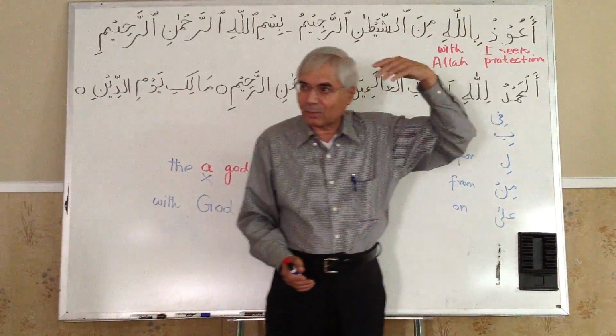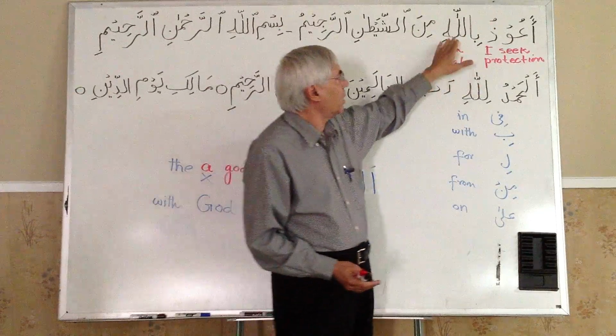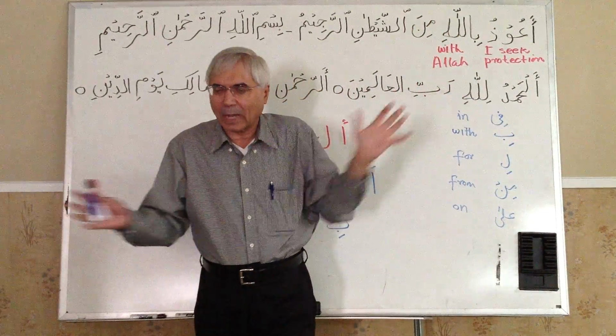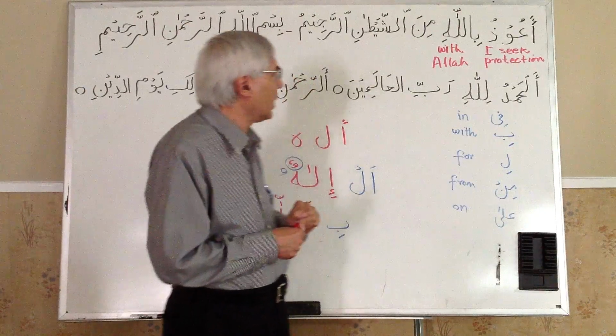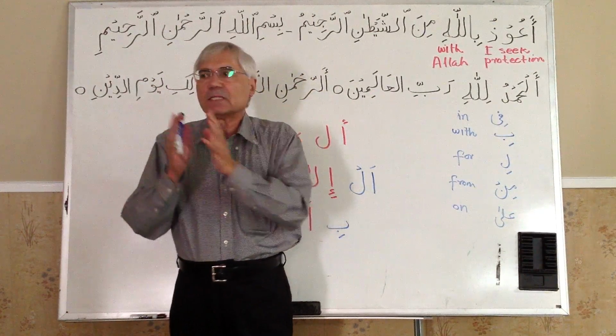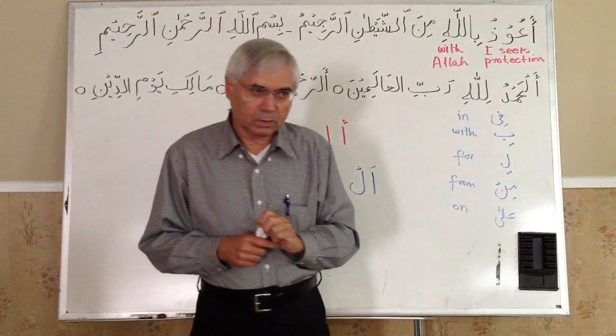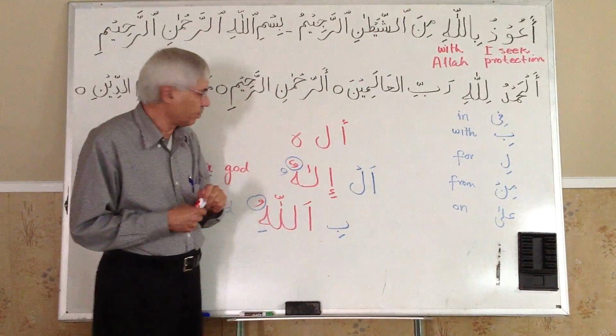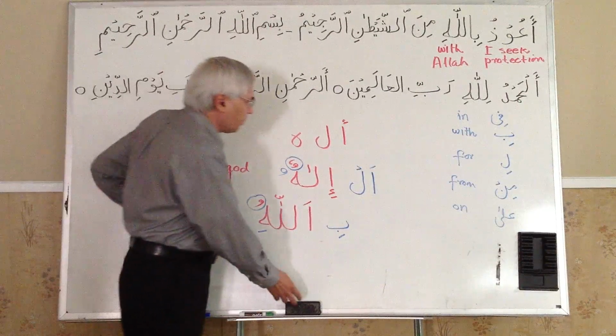A'udhu was a separate word before we came to that point. Bi was separate, Allahu was separate. By the combination, it became A'udhu billahi, which means I seek protection with Allah subhanahu wa ta'ala. Okay? A'udhu billahi. Okay? Now let's look at the next word.